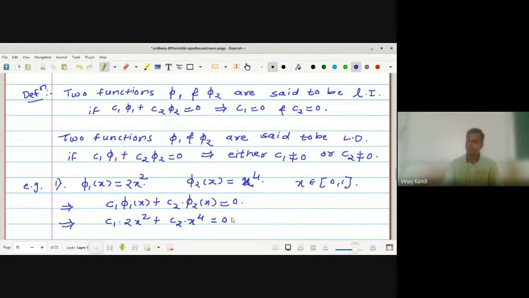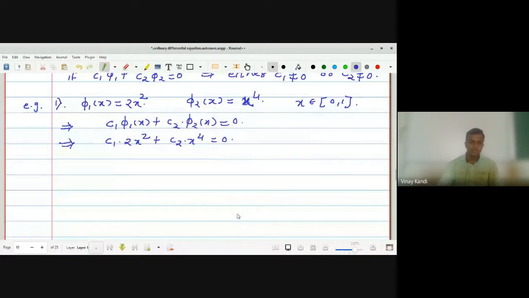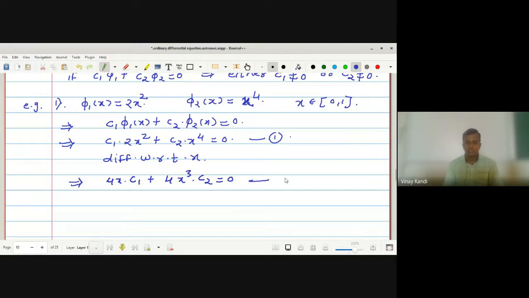Okay, so this is the linear equation, equation number 1. Now differentiate this equation with respect to x. So what we get? 4x into C1 plus 4x cube into C2 is equal to 0. Now this is the equation number 2.